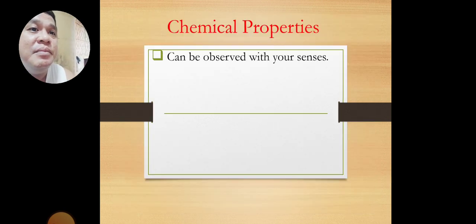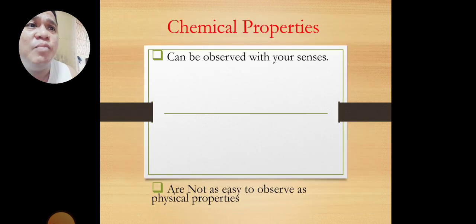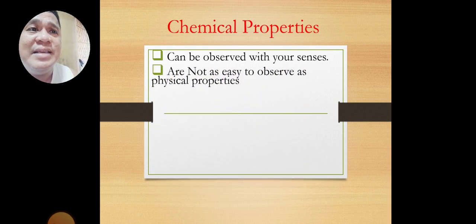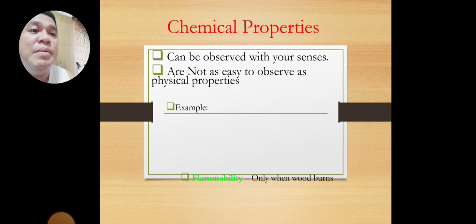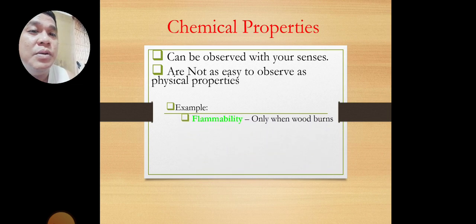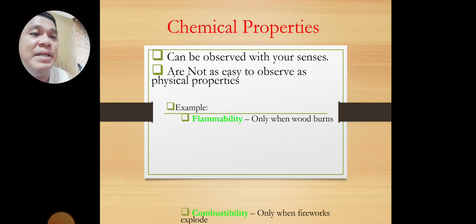Okay, and chemical properties can be observed with your senses but are not as easy to observe as physical properties. For example, flammability is only seen when wood burns. So in my lecture, I always mention that when there is burning, flammability takes place, then a chemical change of property is happening.